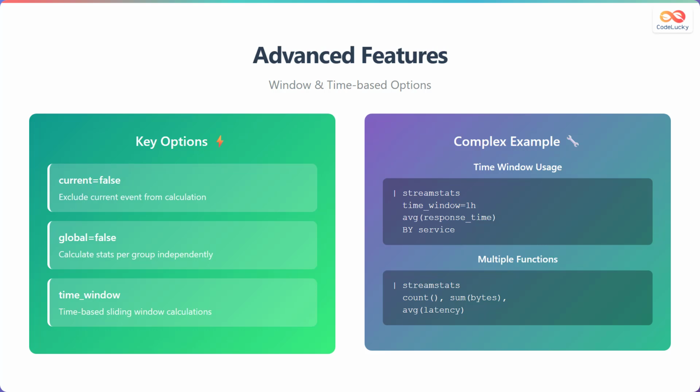Time window functionality allows you to calculate statistics within specific time ranges, rather than just event counts. You can also combine multiple statistical functions in a single streamstats command to calculate count, sum, and average simultaneously. These advanced features give you precise control over how your streaming statistics are calculated and applied to your data analysis requirements.